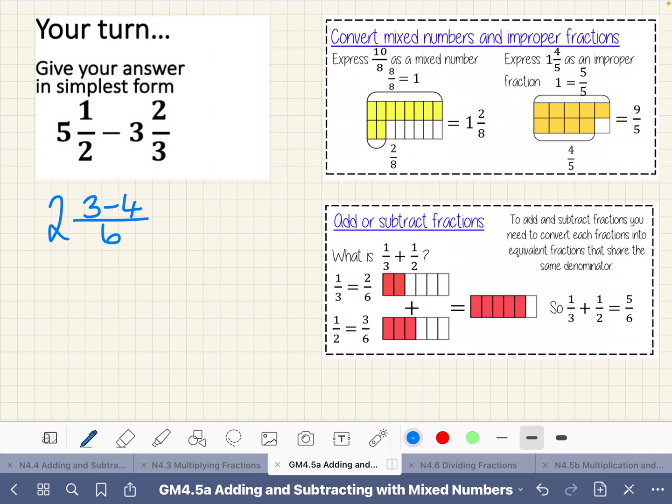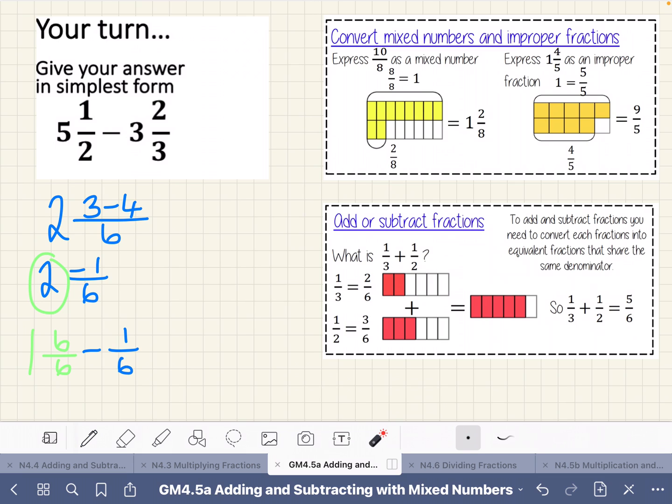We would have 2 minus 1 over 6. We look to deal with this by separating this out into 1 and 6 out of 6, which we would look to take away the 1 out of 6 away from.